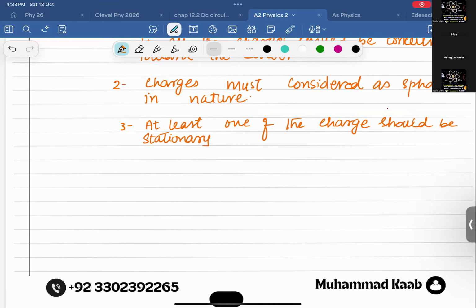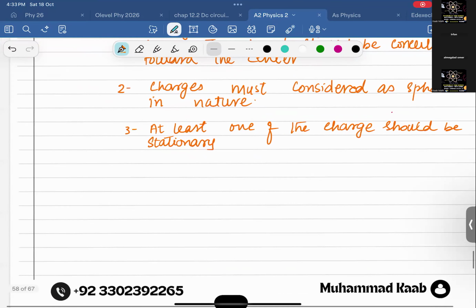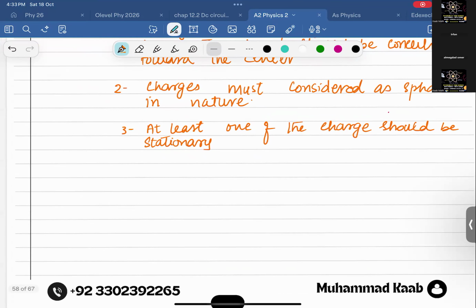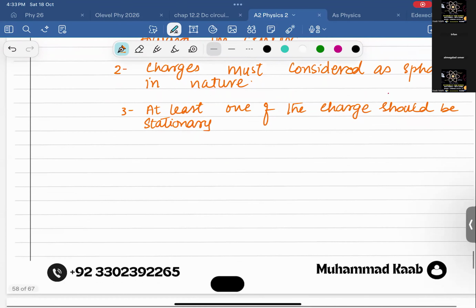If in our case we consider both of the charges stationary, we don't consider any charge as moving, because otherwise it will create a problem for us. So both the charges should be stationary, or at least one of the charges. If both the charges are moving, then the electric field will be different, and the Coulomb's law formula will not be applicable there, okay?